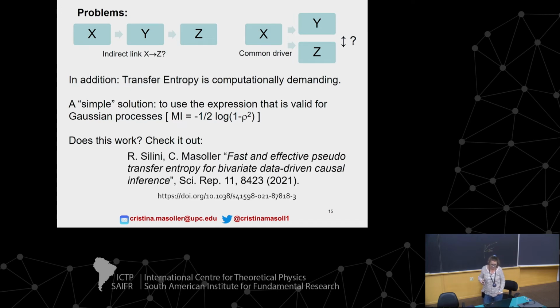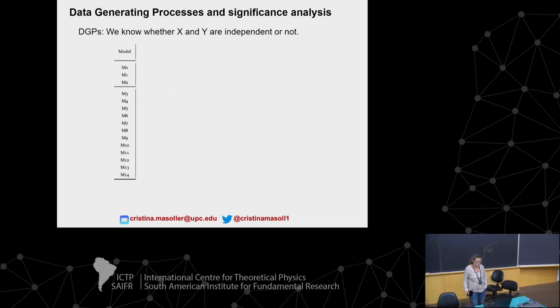So yes, you can test this method, and the software is freely available here. I'll give you the link in a minute. We know we are using an expression which is not valid in reality, but it gives you a possibility of computing fast results.